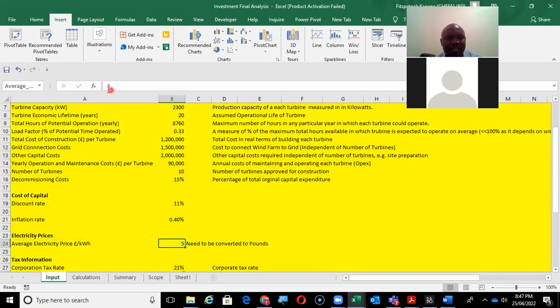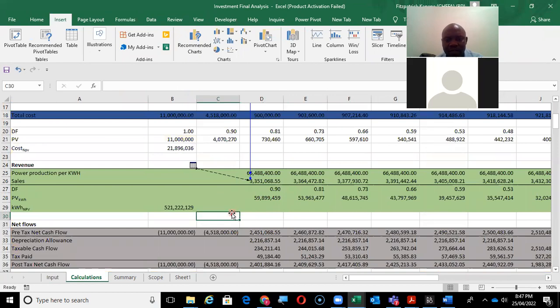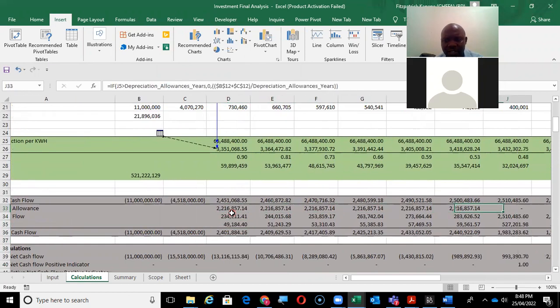So if it's pound, then you are going to have 0.05. So here you say, converted it from pence to pound. So now you have reasonable numbers sitting on your cells. Okay, depreciation, I think you did the correct thing.